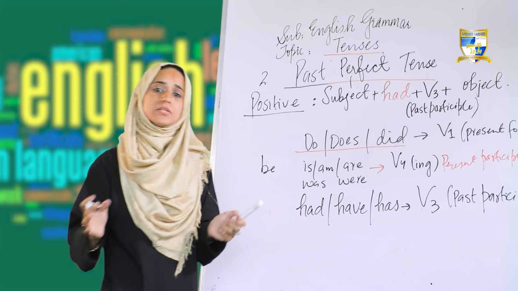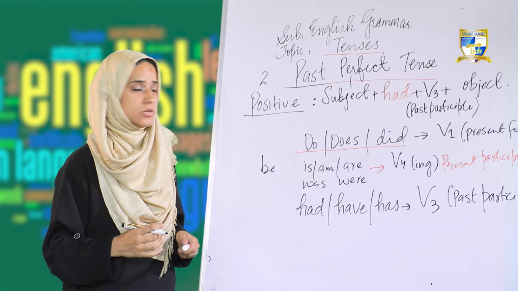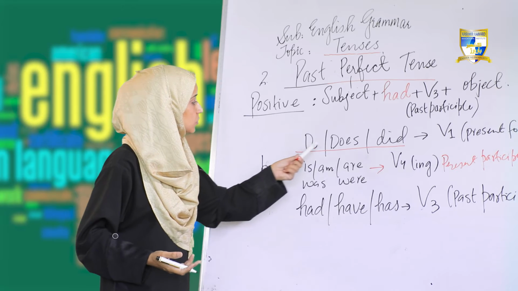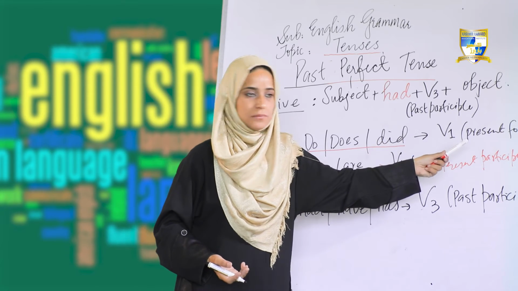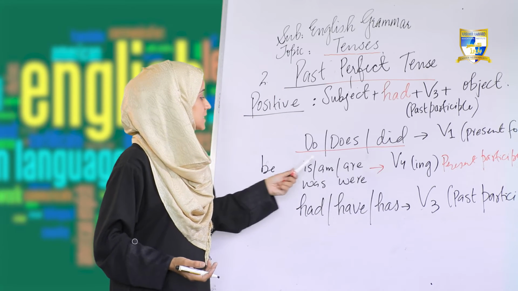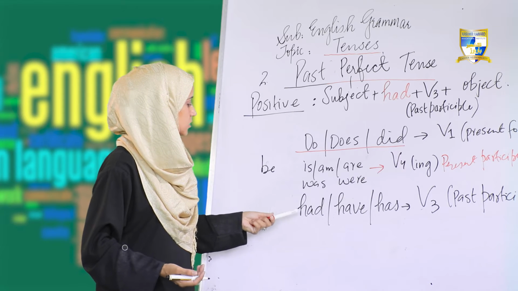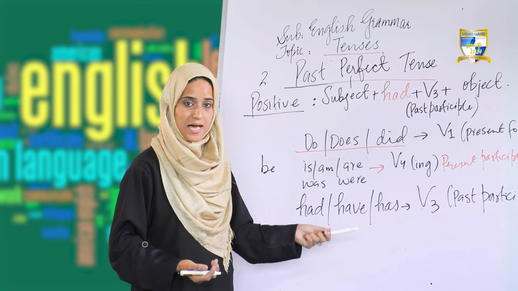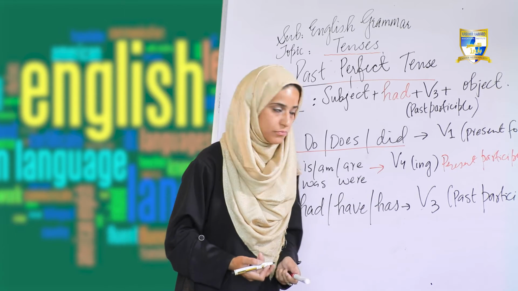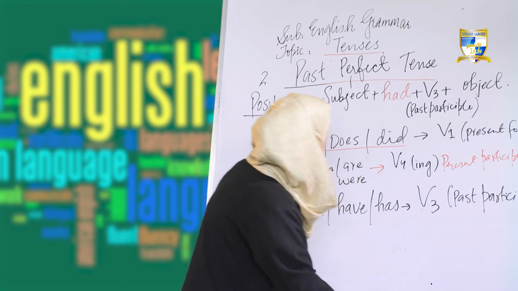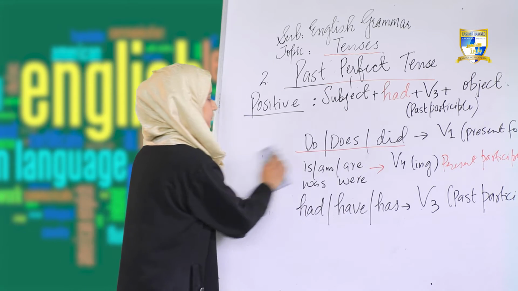So this is a simple trick which you can remember in order to easily understand which form of verb to be used. If you are using do, does and did, use V1. If you are taking is, am, are, was, were, take V4. And if you are talking about had, has, have, take V3. Simple. So let's get back to the structure of past perfect.